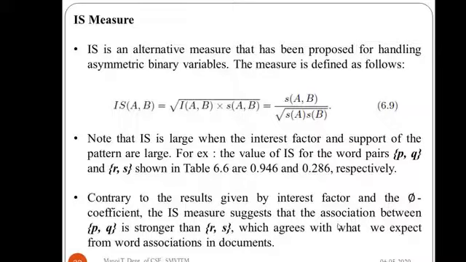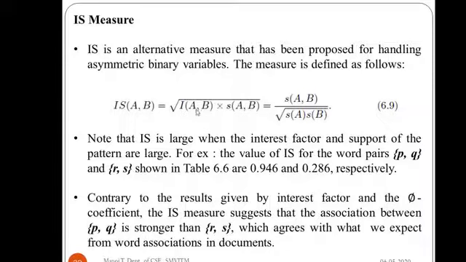IS measure is an alternative measure that has been proposed for handling the asymmetric binary variables. The measure is defined as follows: IS of a comma b is equal to square root of interest factor of a comma b into support of a comma b, which can be written like this. It is very simple. You just substitute what we mean by I of a comma b.